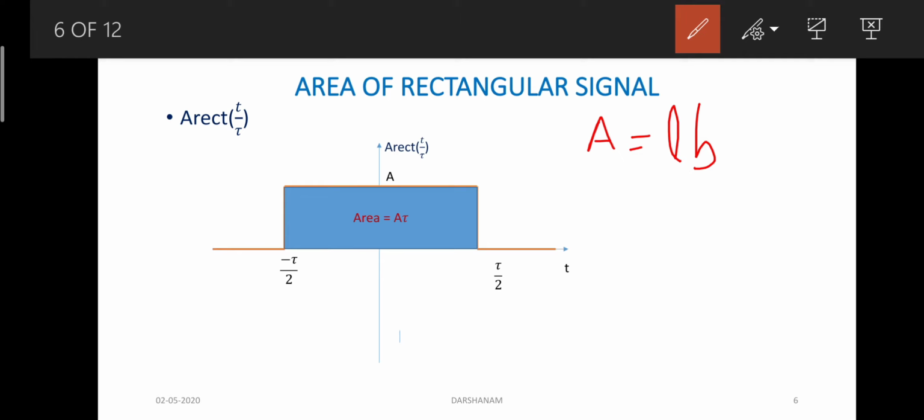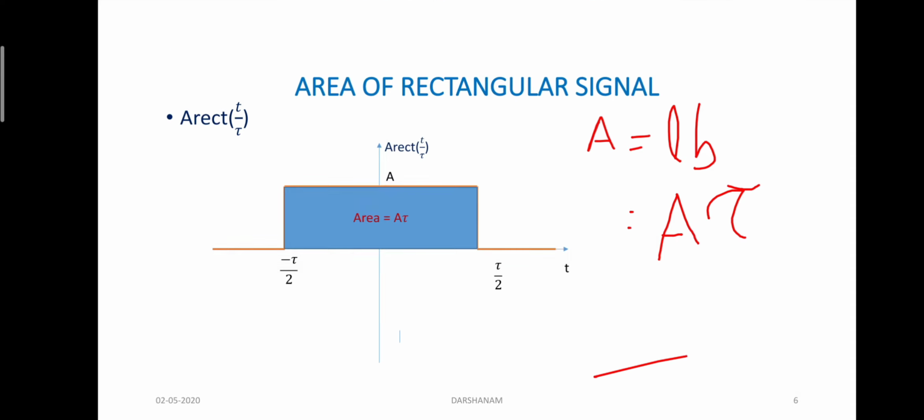Here from the graph it is clear that the area of this rectangle will be equal to A into tau. So the area of a rectangular function is equal to A into tau.